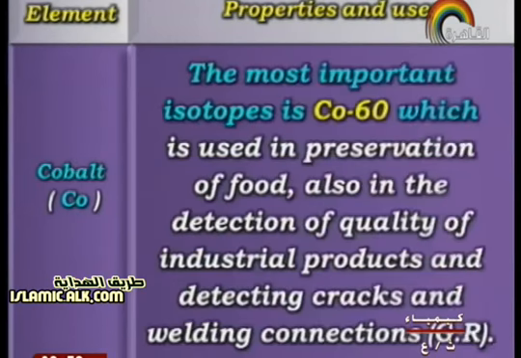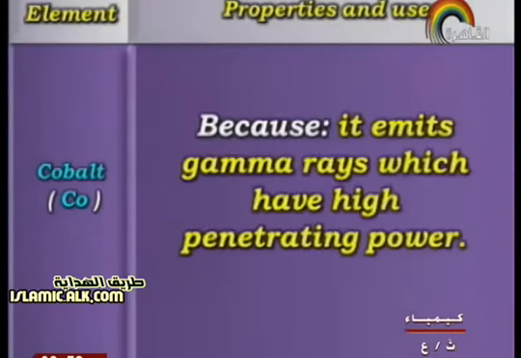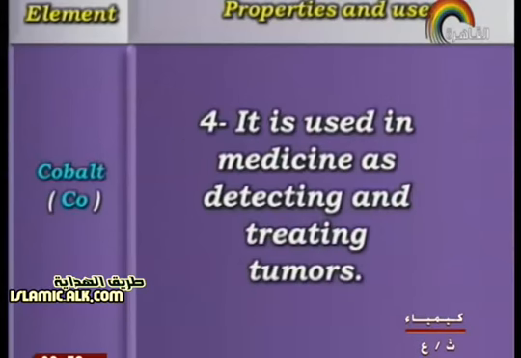The most important isotope is cobalt-60, which is used in the preservation of food, in the detection of the quality of industrial products, and in detecting cracks in welding connections, because it emits gamma rays which have high penetrating power. Its radiation is also used in medicine for detecting and treating tumors.